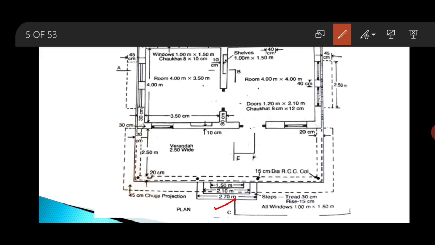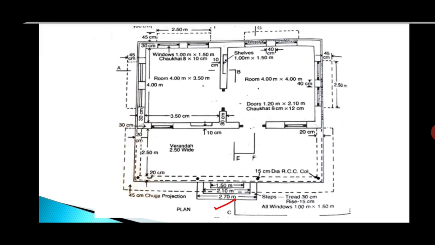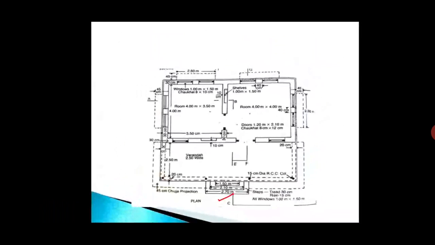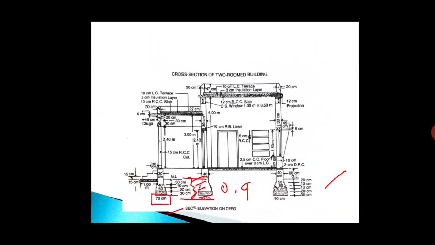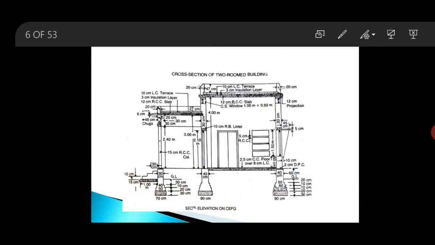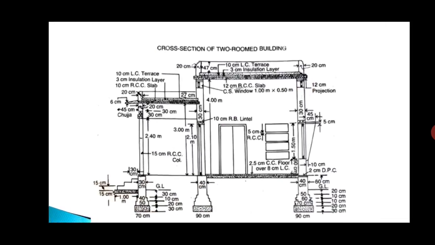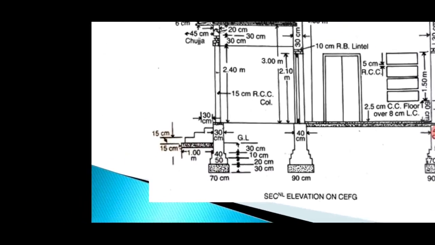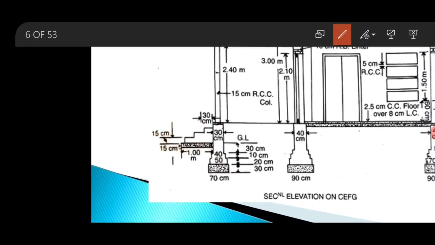For the step also there is earthwork excavation. In this section you can see this is the step and this one is the concrete work, for which we have to go for excavation.